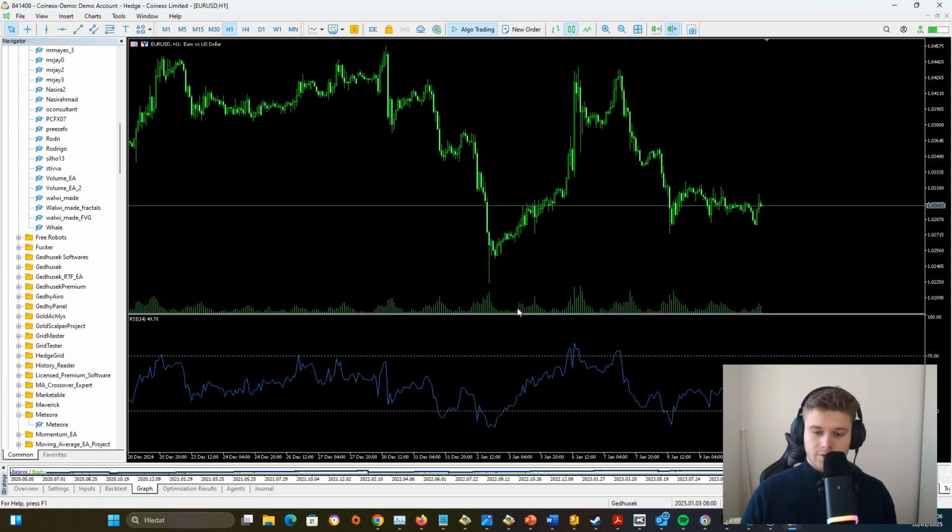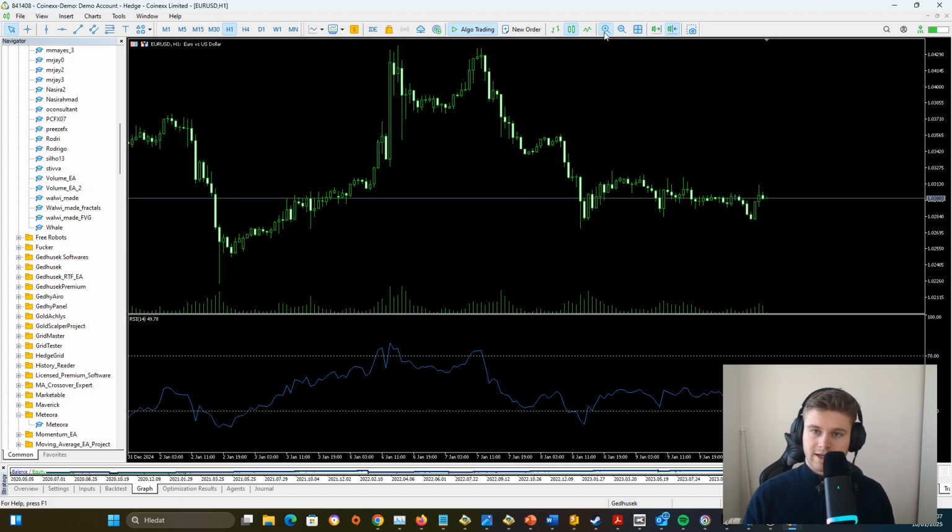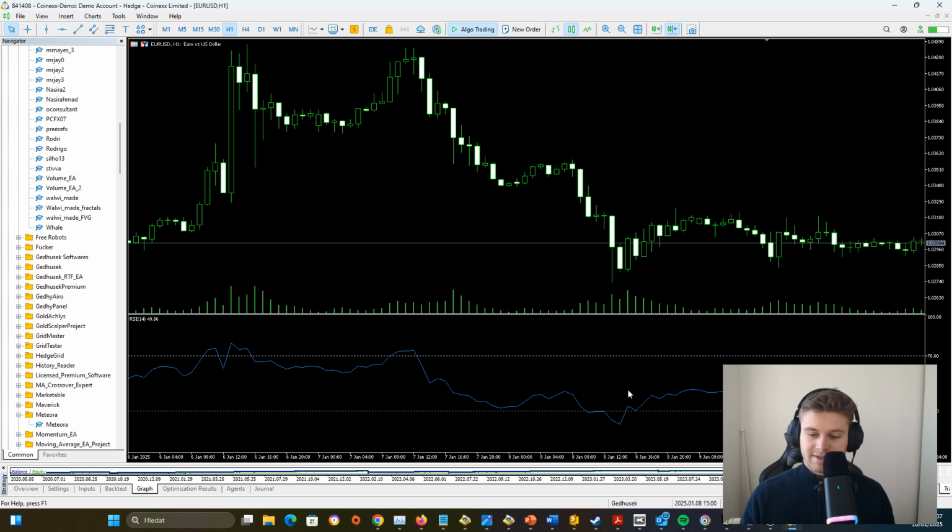And what I will basically do is wait for the RSI value to go below 30 and then above 30. For sell position, it's the same, but it has to go above 70 and then below 70. So what I'm waiting for is basically these crossovers, okay? And when something like this happens, I will open either a buy position or a sell position right here.